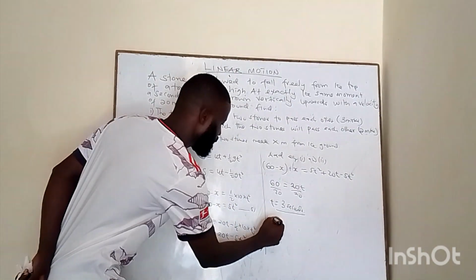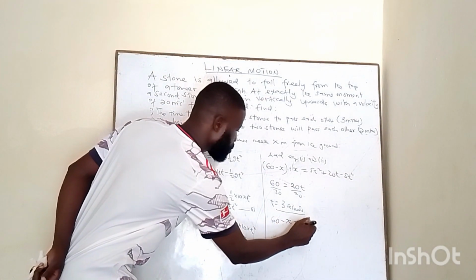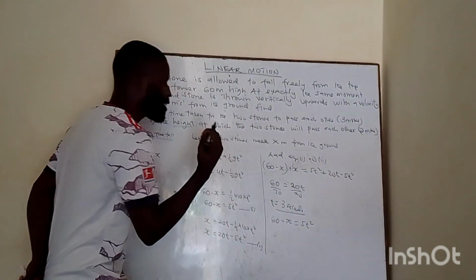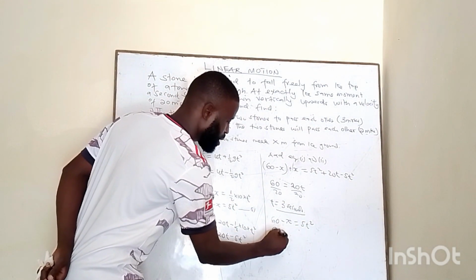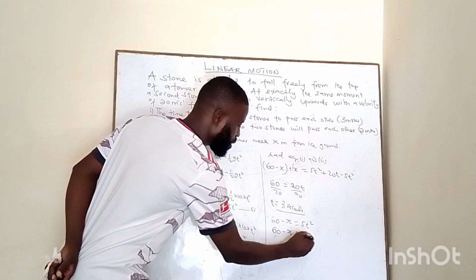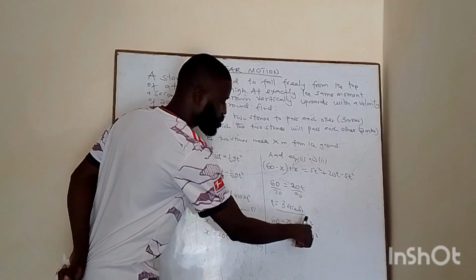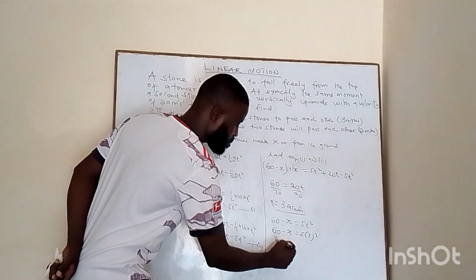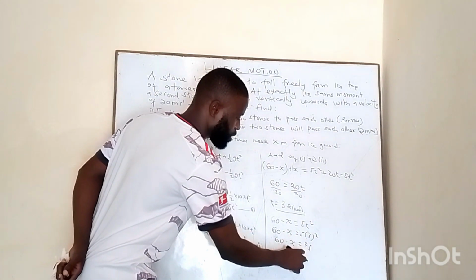I'll say 60 minus x equals to 5t squared. So what is my t? My t is 3. So I put 3 here and I say 60 minus x is equals to 5 into 3 squared. So 9. So 60 minus x is equals to 45 because 3 squared is 9, 9 times 5 is 45.